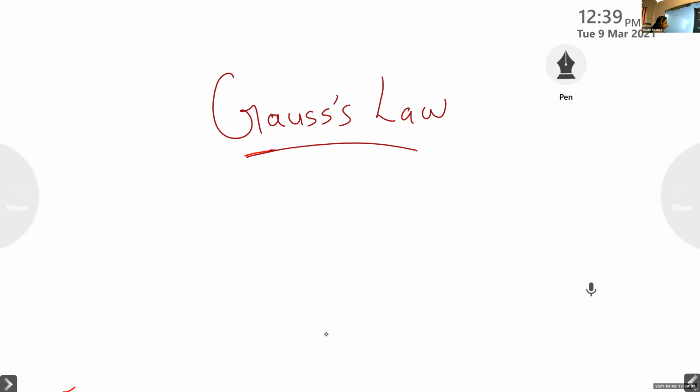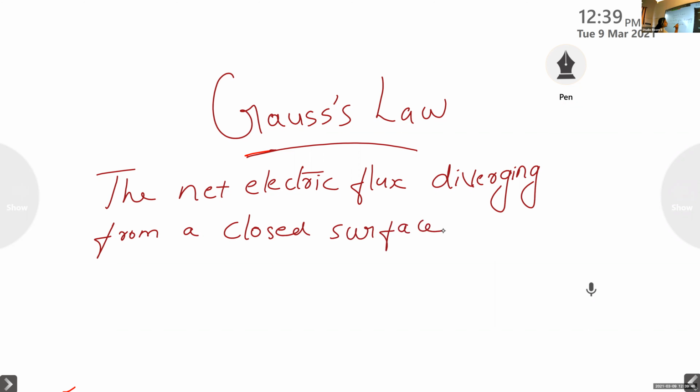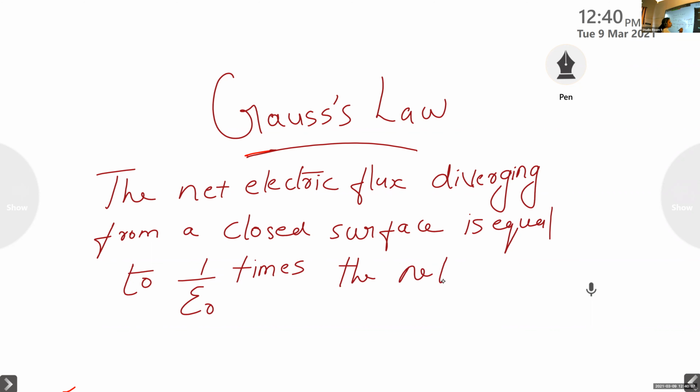Gauss's law states that the net electric flux diverging from a closed surface is equal to 1 by epsilon 0 times the net charge enclosed by the surface.